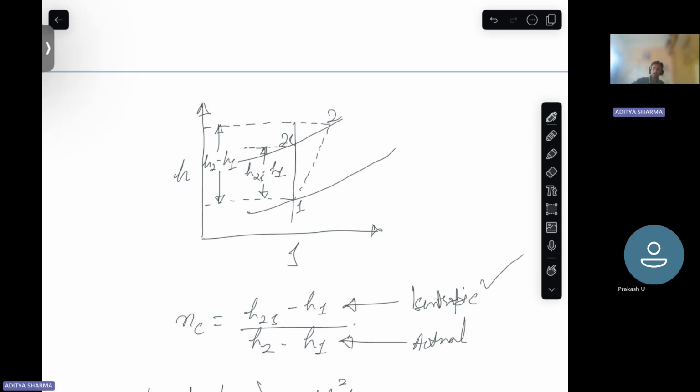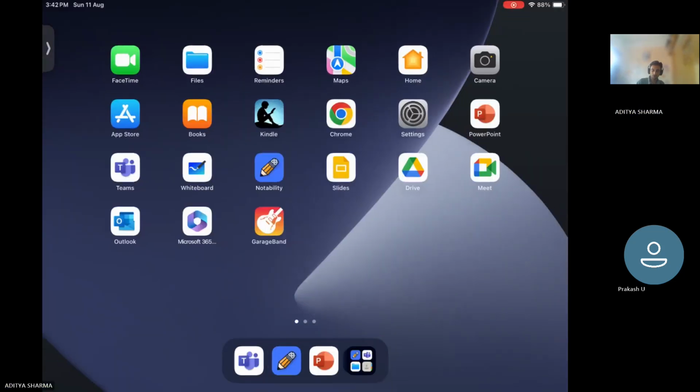So the change in enthalpy in the case of isentropic compression will be less, and the change in enthalpy for actual compression will be higher.